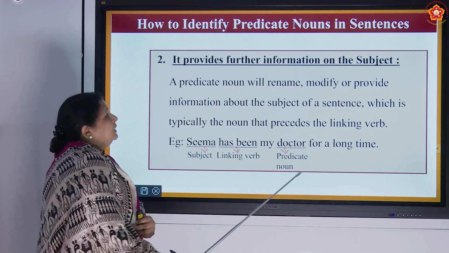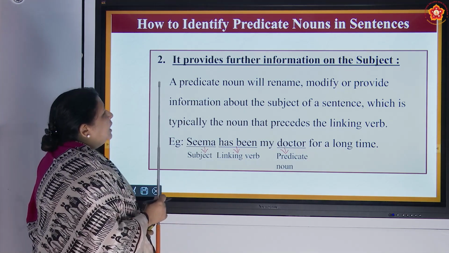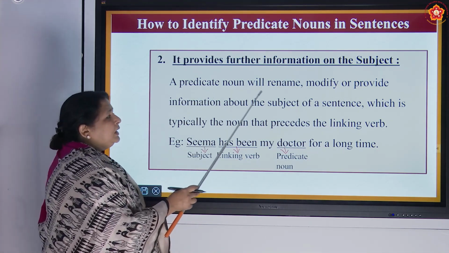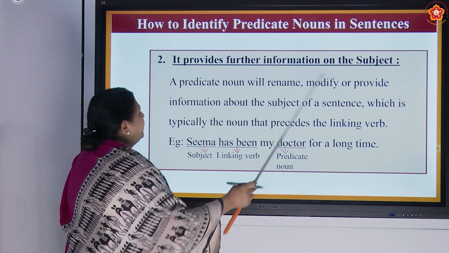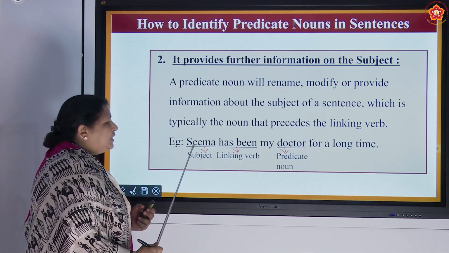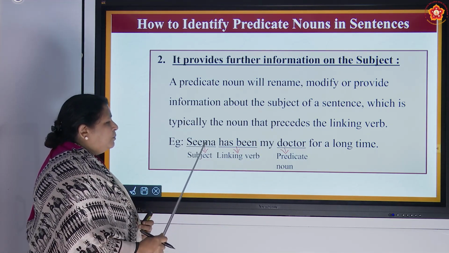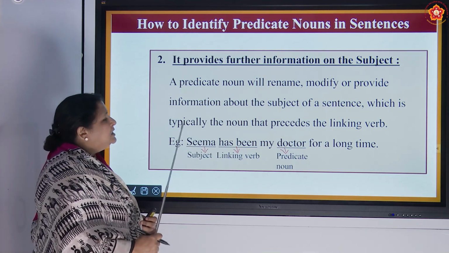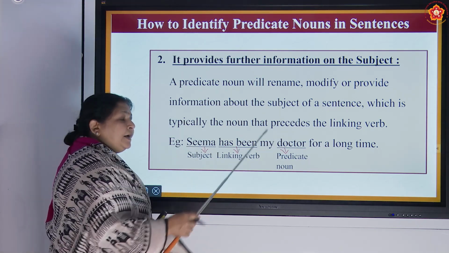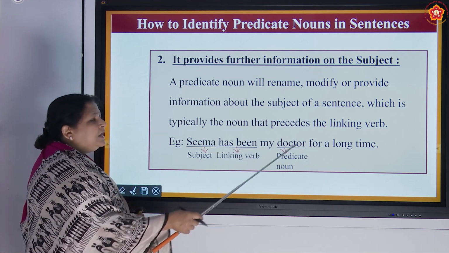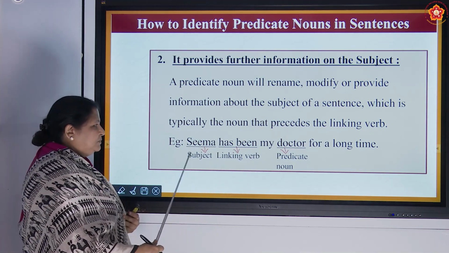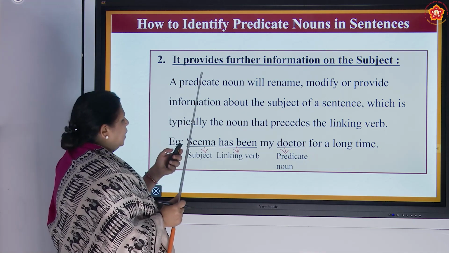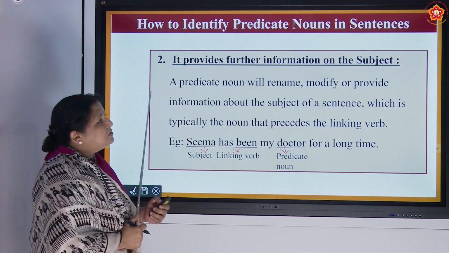All of you got it? I'll repeat again. A predicate noun will rename, modify or provide more information. Here it is providing more information about the subject, Seema. It is telling more about the subject. I hope you have understood this.